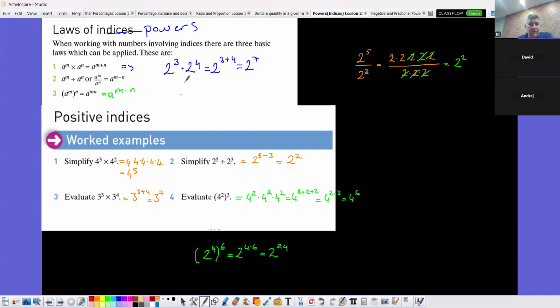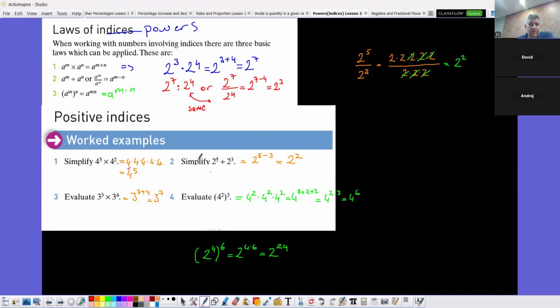Or if you have 2 to the power of 7 divided by 2 to the power of 4, these two are both the same. You know that one. Then the result is going to be equal to 2 to the power of 7 minus 4, which is equal to 2 to the power of 3.